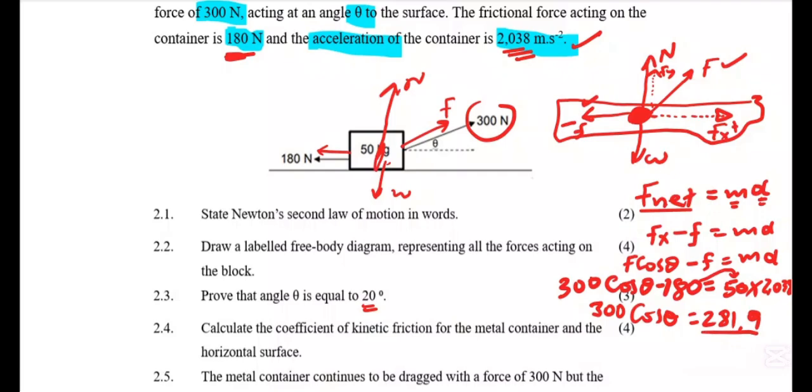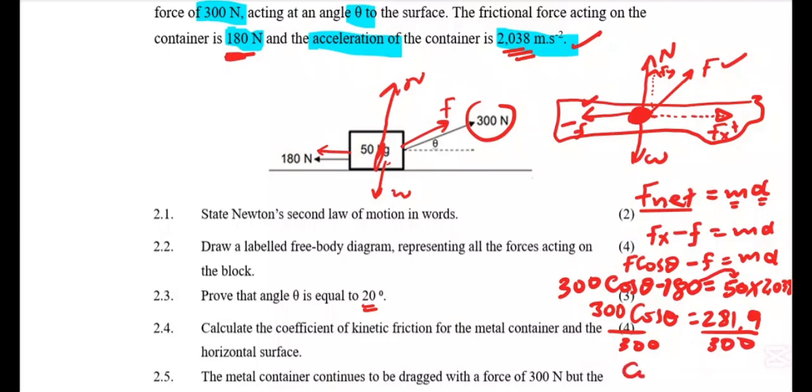Then we divide by 300 on both sides. So let's divide by 300, and we get the answer there.